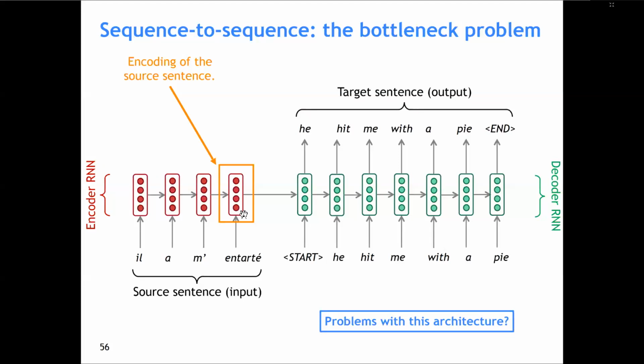Also, because of the vanishing gradient problem, the RNN is usually not very good at capturing the earlier words. So if it's a long sentence, the information for the first few words may be lost in the final hidden state.